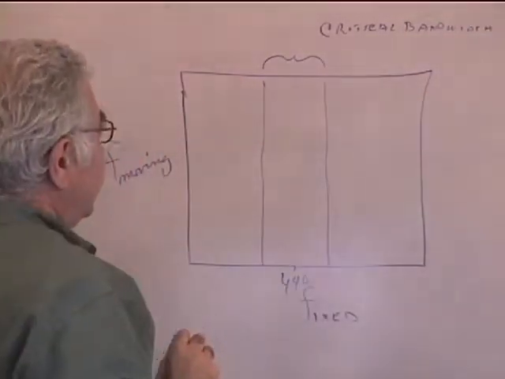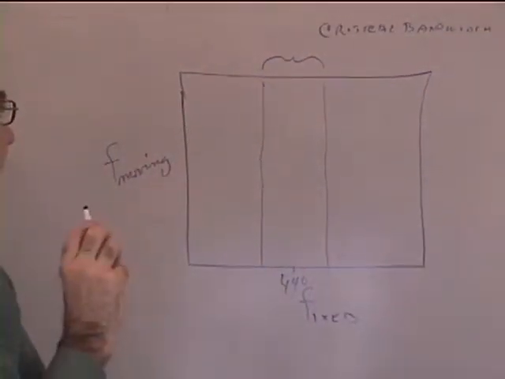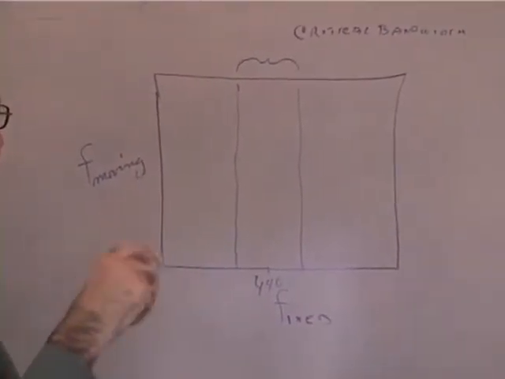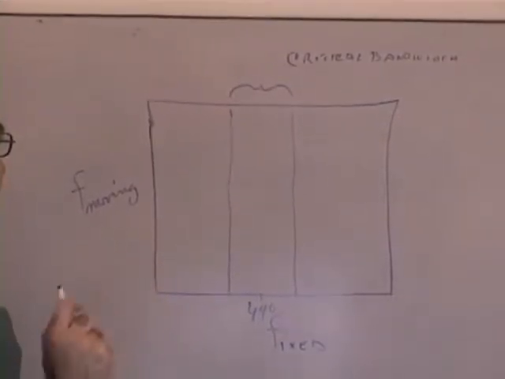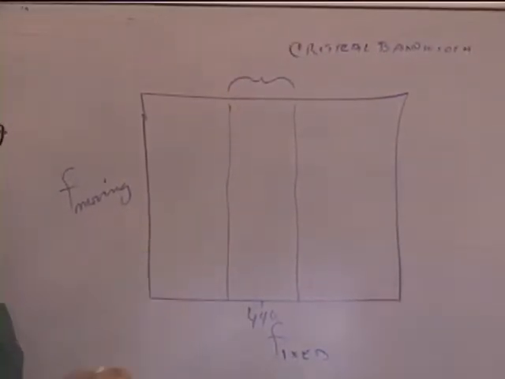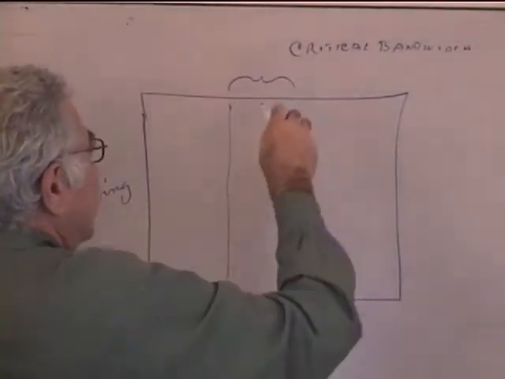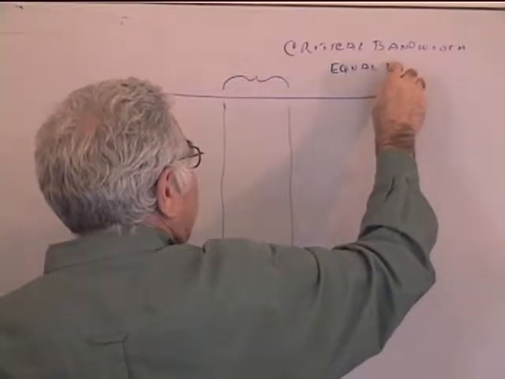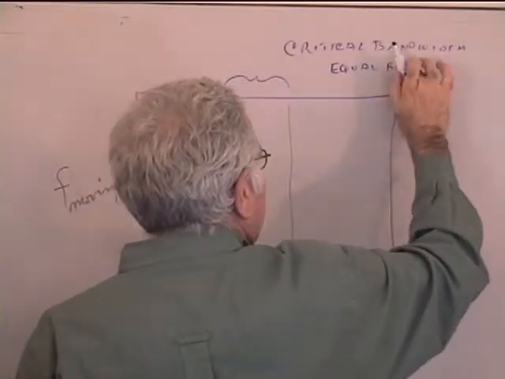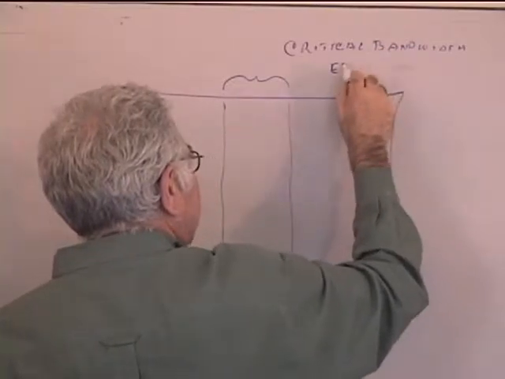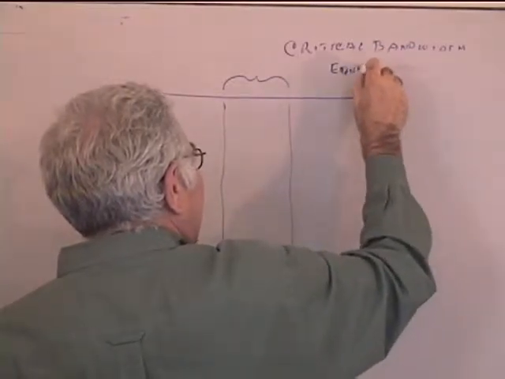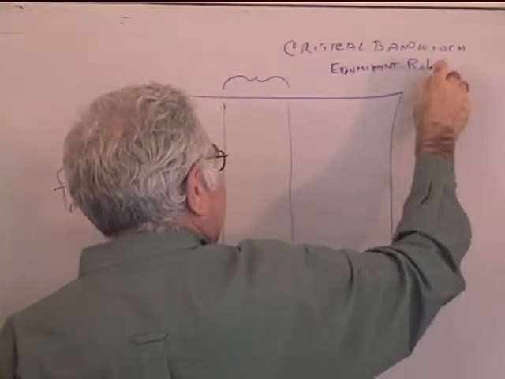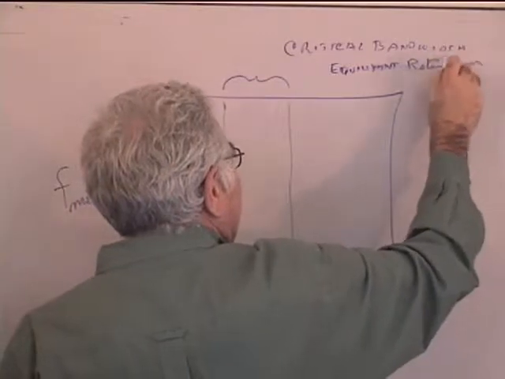And actually in more modern literature, particularly out of the laboratories in the United Kingdom at Cambridge, where Roy Patterson and Brian Moore are, they like the term equivalent rectangular bandwidth.